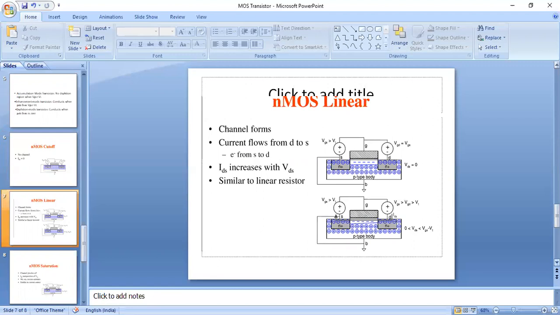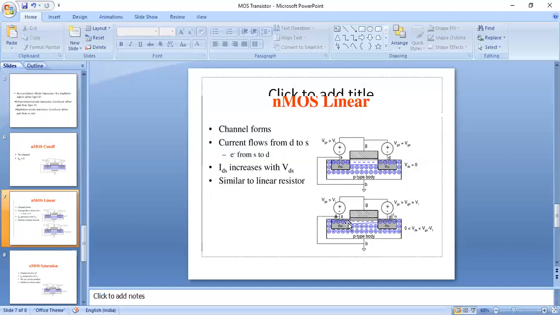The second state is linear. Linear state means VGS is offered more gate potential than the threshold level, so that the conversion takes place here. The positive charge carriers are converted to negative charge carriers occupying this channel.